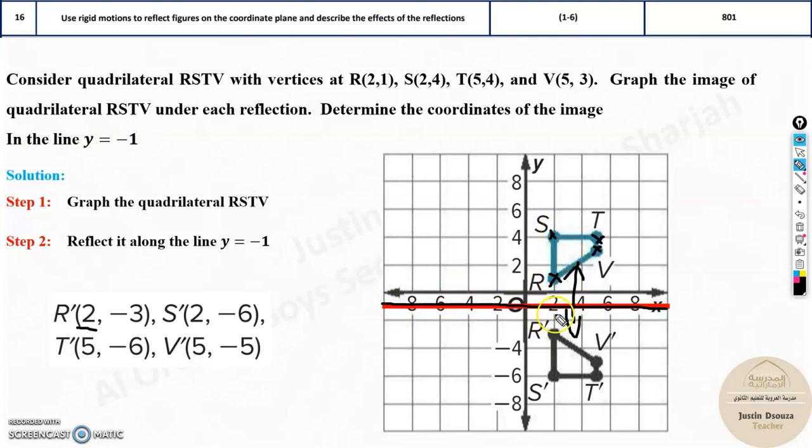You must understand here that these points move from up to down. Whereas if it was x equals 6, and imagine this was a figure, it would have been reflected over here. So that is the thing. You can easily figure out from the given options which is the reflected image exactly.